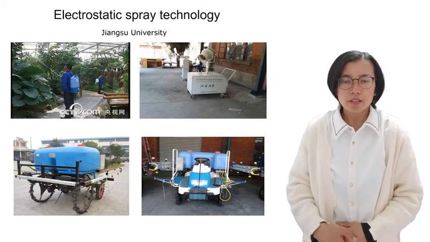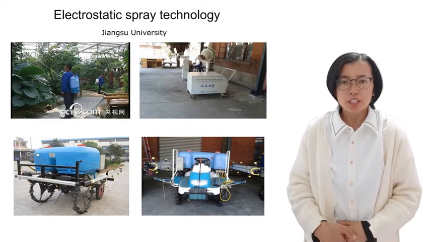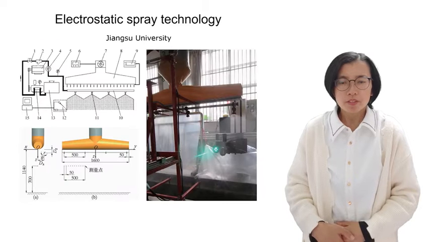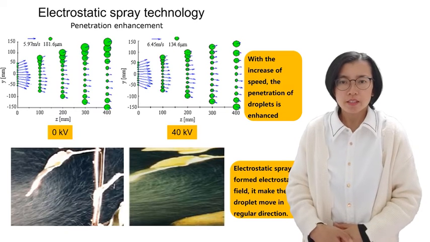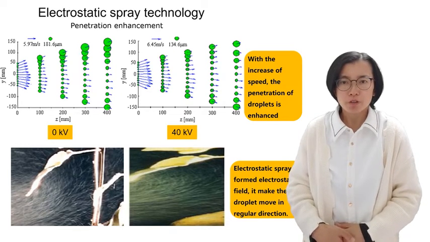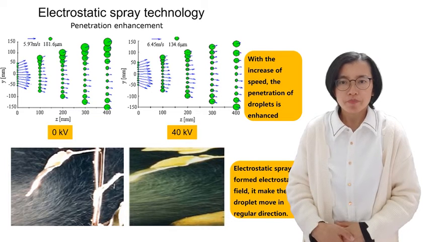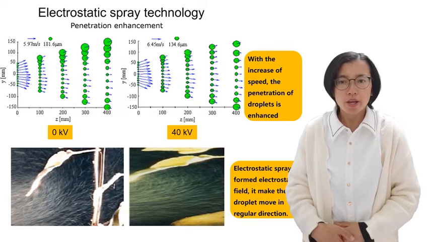Here is some more electrostatic spraying machinery developed by Jiangsu University. The structure of it and the manufacturing process. Here is an experimental result from the machinery. It is also a little complicated. I will try to explain it in a simple way.